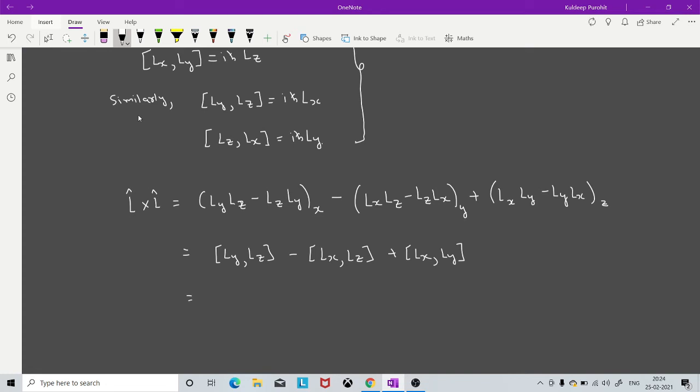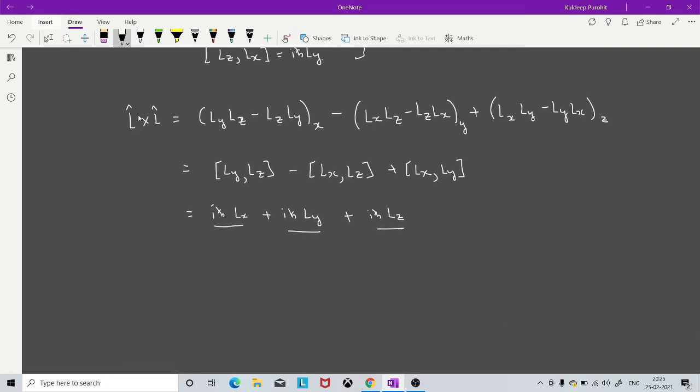Ly with Lz is iħ Lx, Lx with Lz will be minus iħ Ly, and Lx with Ly will be iħ Lz. So it will be iħ Lx, then plus iħ Ly, and iħ Lz. You take this as the x component of this cross product, this is the y component, and this is the z component of the cross product.